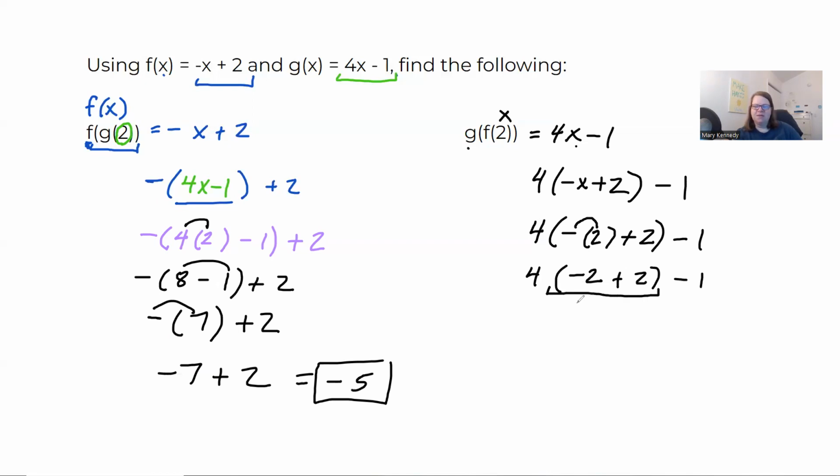Negative 2 plus 2 is 0. So we have 4 times 0 minus 1. And now we can say, well, 4 times 0 is 0, and 0 minus 1 is negative 1. So g of f of 2 is negative 1, while f of g of 2 is negative 5. All right, I hope that helps.